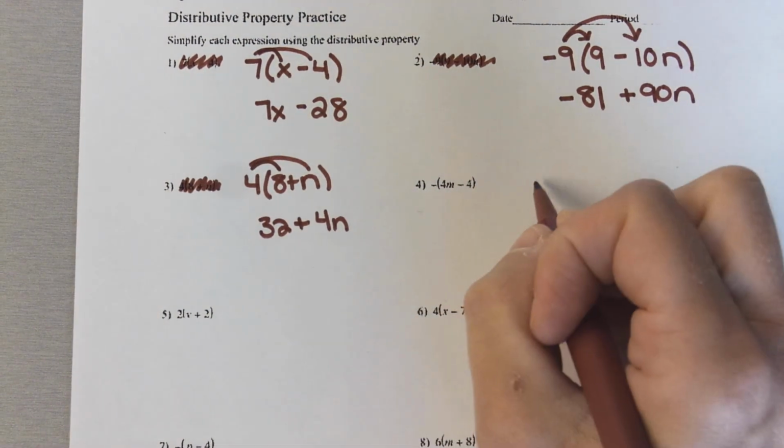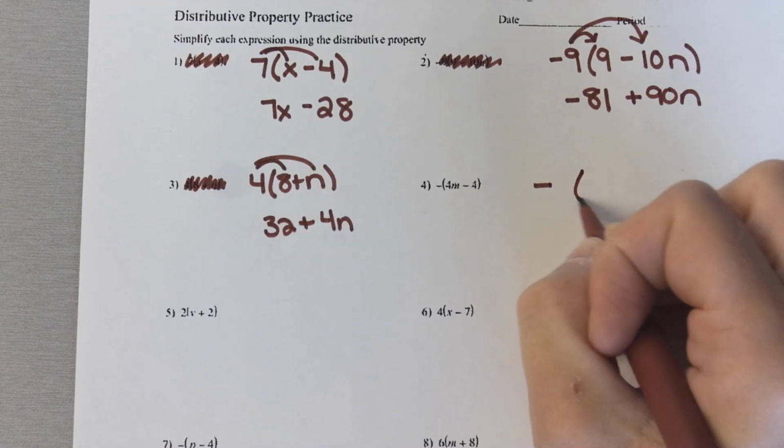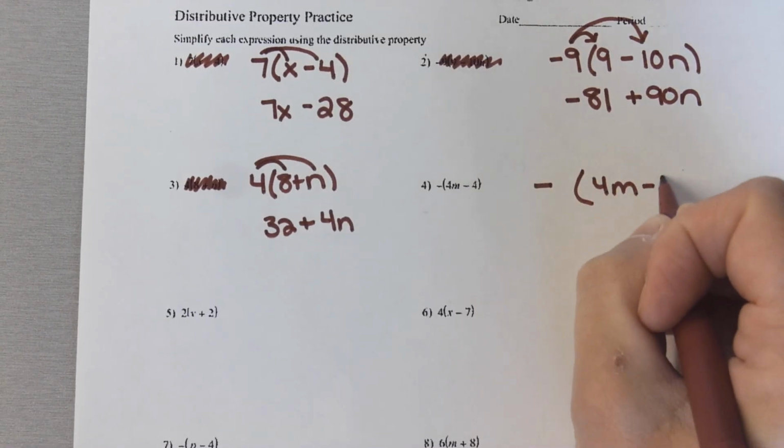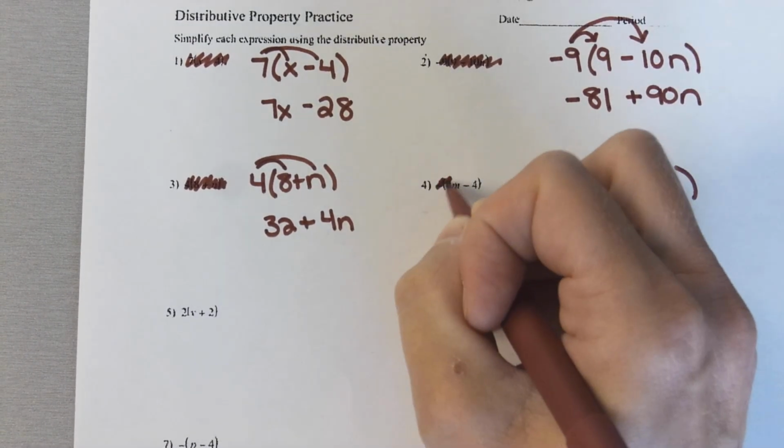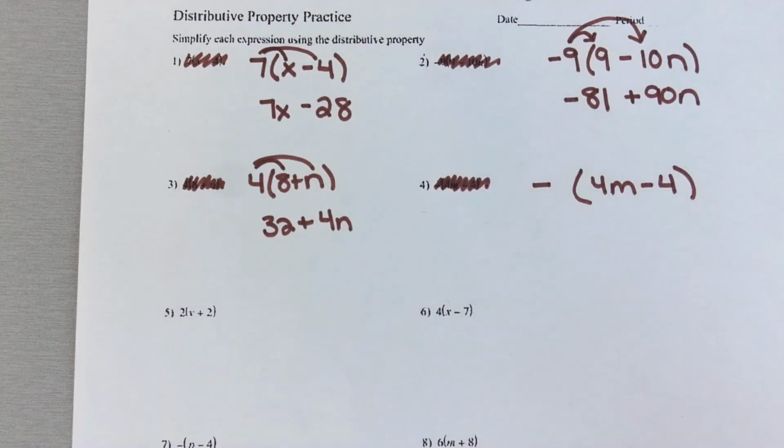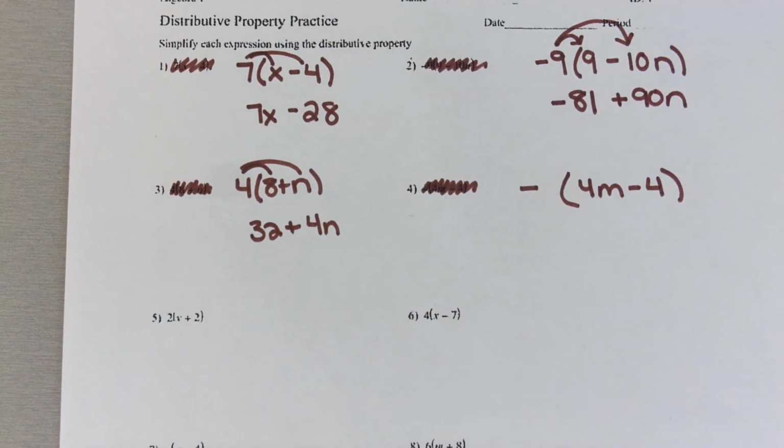Okay, the next one has a negative out front. And it looks like this. So again, I'm just going to continue with this rewriting because I feel like they look easier to see this way. Alright, so if there's not a number out front, what's really hanging out front?